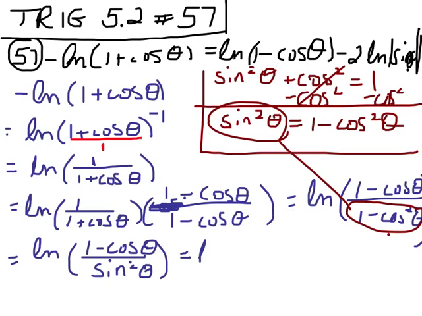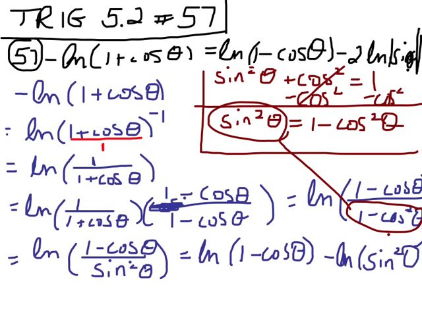And so one of the log rules says that that's what I can do. I can say that's ln of 1 minus cosine theta minus ln of sine squared theta. Okay? So you're going to be surprised at how fast this goes once we actually pick the right place to start, which is why I think identities can be very frustrating.